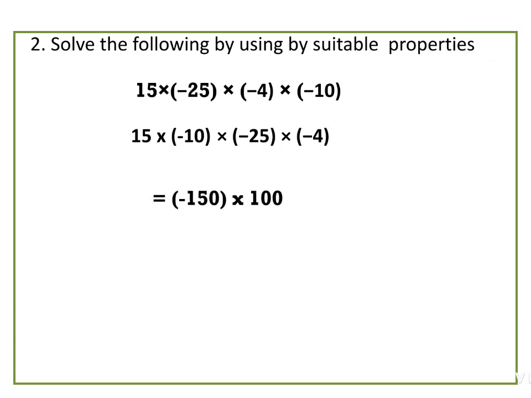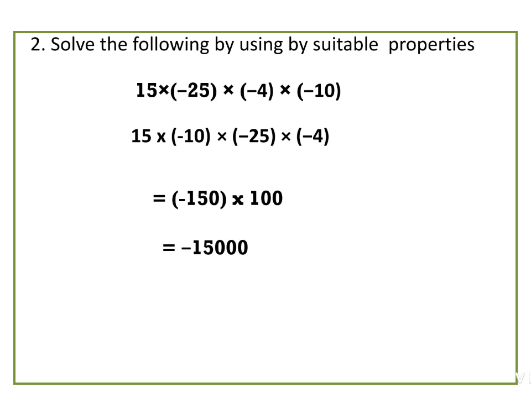Minus 150 into, from our table we can see 25 into 4 is 100. Two negatives are there, so it should be positive. -150 into 100 is -15,000. This is an easier method.